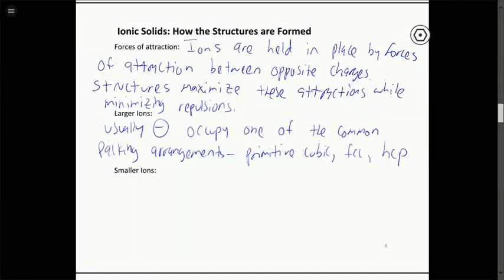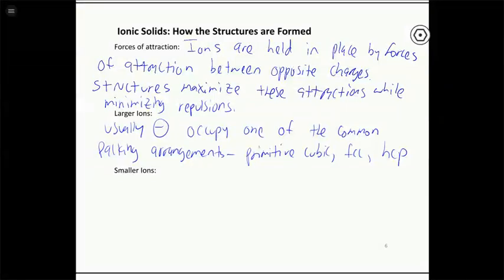We're really only going to talk about ionic structures that deal with these, and body-centered cubic is another one where we're not really going to have an ionic compound that's built from that. But our ionic structure is going to start with one of the ions, usually the negative ion, occupying the positions of one of these lattices, as we talked about last time.